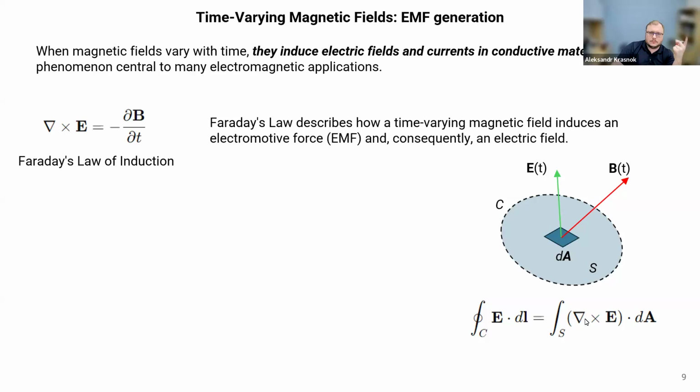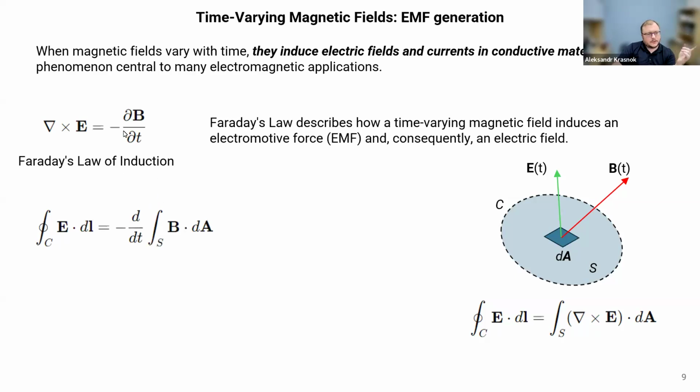And by the Stokes theorem, we can rewrite this integral as a circulation integral of this vector E over the closed path C, which basically surrounds this area S, right? So this is how we rewrite the left-hand side of this equation of Faraday's law.